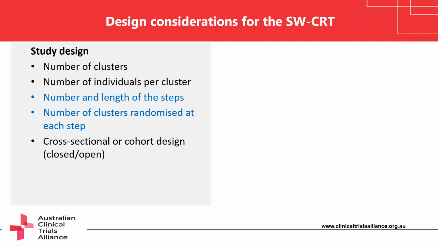So here is a quick overview of all the considerations you need for a Stepped-wedge cluster randomized trial. The ones highlighted in blue are specific to the Stepped-wedge cluster randomized trial, whereas all of the other considerations, like the number of clusters, the number of individuals per cluster, and whether it's a cross-sectional or cohort design, apply to any cluster randomized trial.